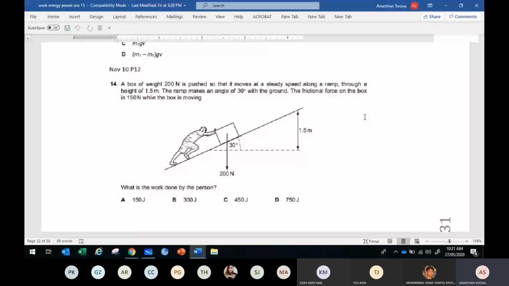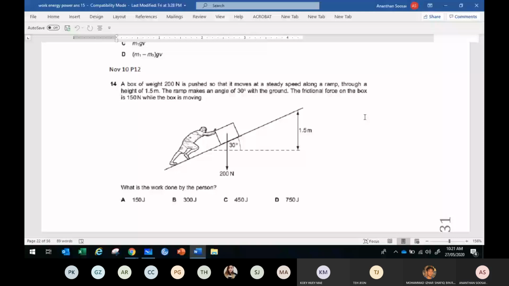So what is the work done by the person? Work done by the thrust equals gain in EP, gain in EK, plus heat. They're asking work done by the person, which means work done by the thrust, because the person is the thrust. So work done by the thrust is the gain in EP plus gain in EK plus heat. The thrust causes the body to gain potential, gain kinetic, and also heat.